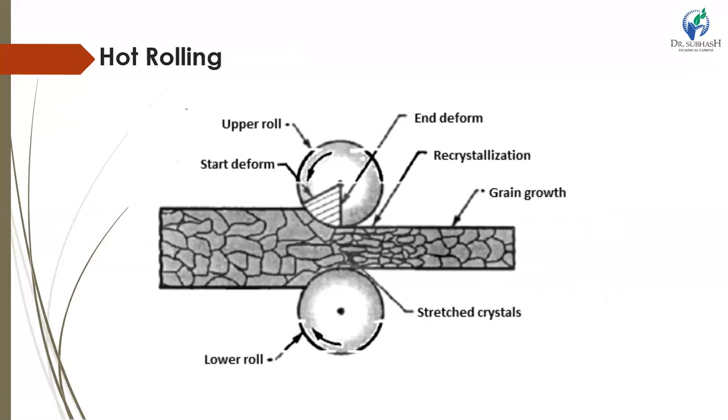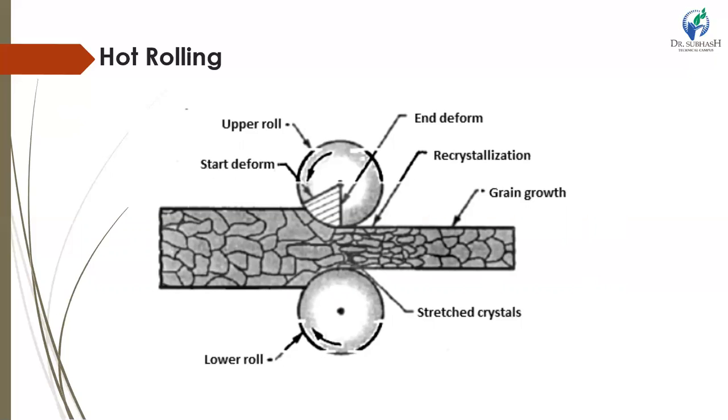Next is deformation, recrystallization and grain growth in that process. When the metal passes through the rolls, there is a change in grain structure due to squeezing. The grains are elongated in the direction of rolling, and the velocity of the material at exit is higher than at entry.